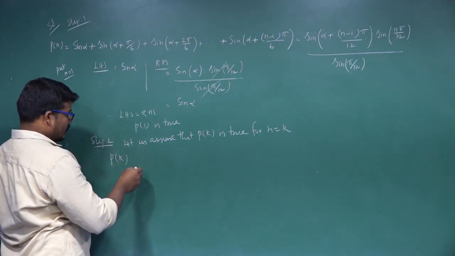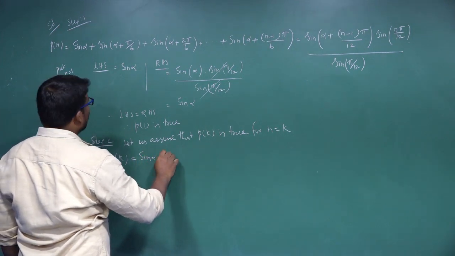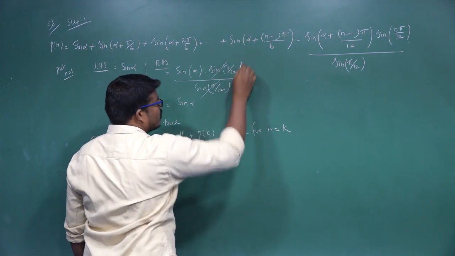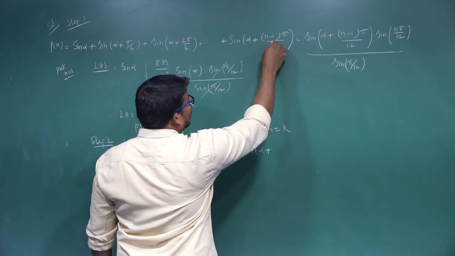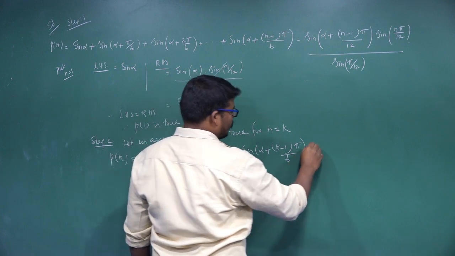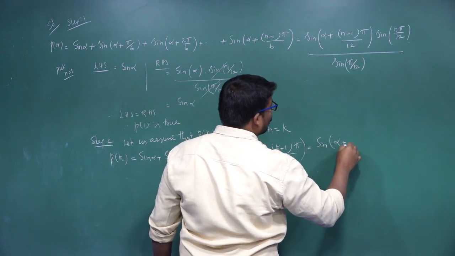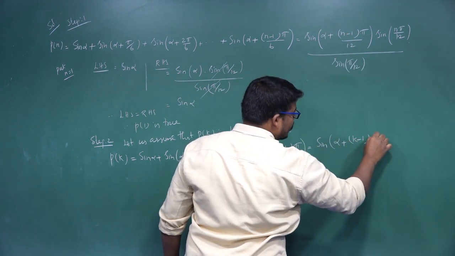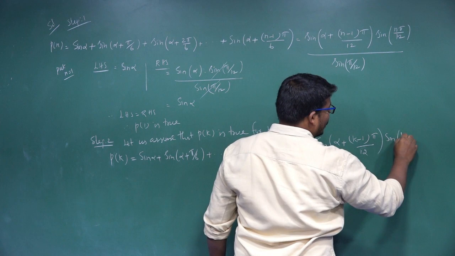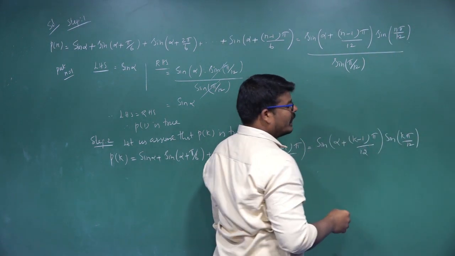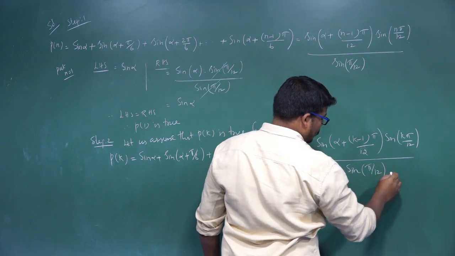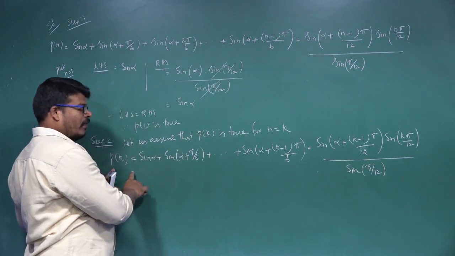For n equal to k, P of k equals sin alpha plus sin of (alpha plus pi by 6) and so on, plus sin of (alpha plus (k minus 1) pi by 6) equals sin of (alpha plus (k minus 1) pi by 12) into sin (k pi by 12) divided by sin (pi by 12). That is P of k.